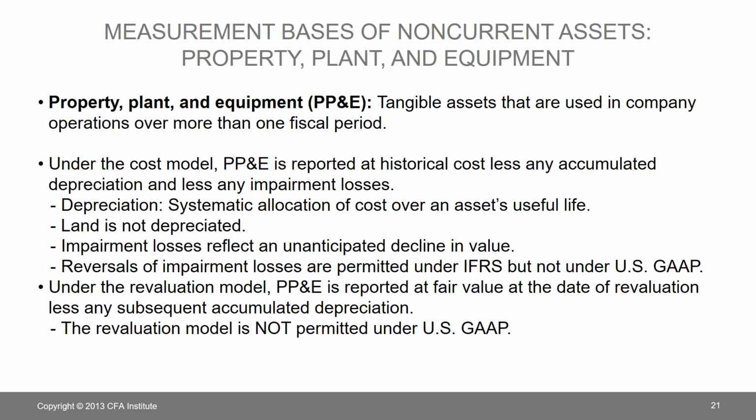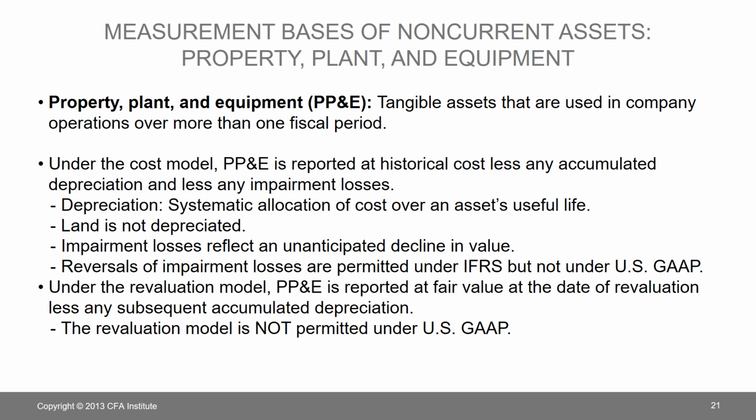Fair value less cost to sell is the amount obtainable in a sale of the asset in an arm's length transaction between knowledgeable and willing parties, less the costs of the sale itself. When an asset is considered impaired, the company recognizes the impairment loss in the income statement. Now, reversals of impairment losses are permitted under IFRS, but not permitted under US GAAP.